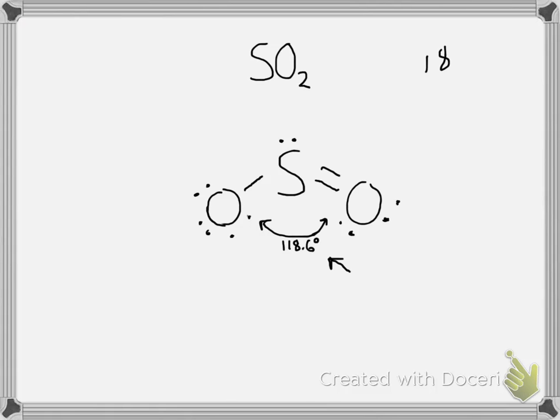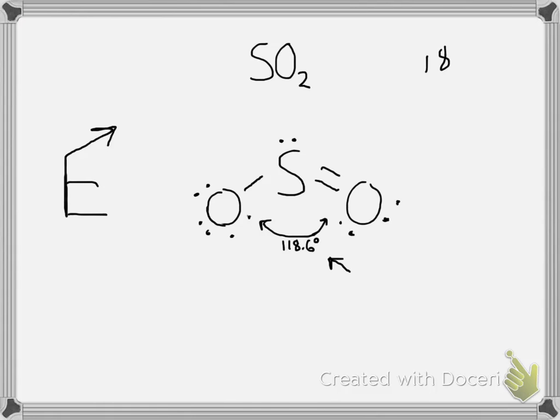A trick for memorizing how electronegativity works is drawing an E with the arrow pointing up and to the right. Basically, if you look at the periodic table, the elements that are higher and to the right have a higher electronegativity than the ones that are lower and to the left.